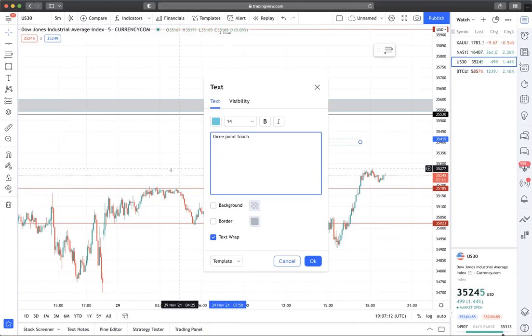That's number one. And you're looking for rejection off of support or resistance, and hard rejection.